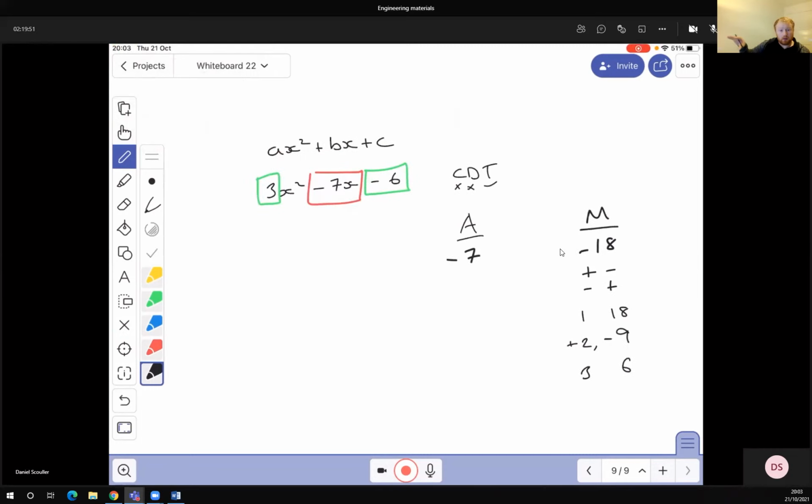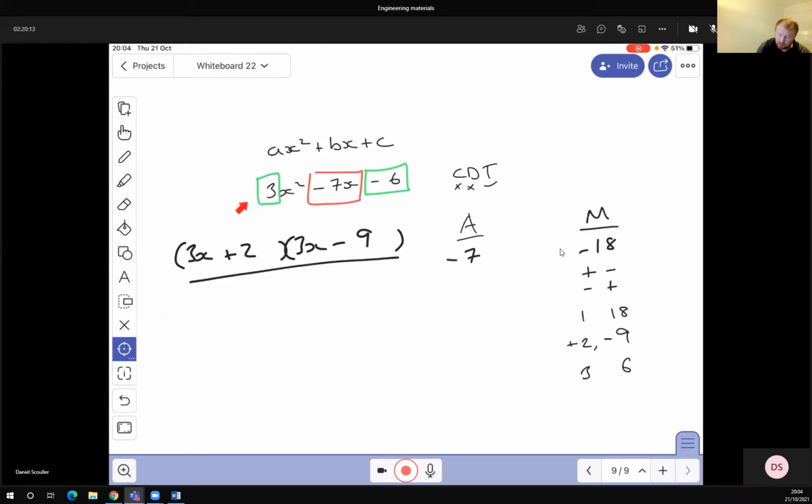We're taking those numbers and putting them into the format. We're taking the 3x plus 2, 3x minus 9, and we're dividing that by whatever is in front of the x squared. So we're dividing that by 3.